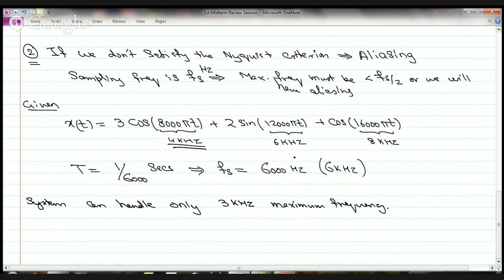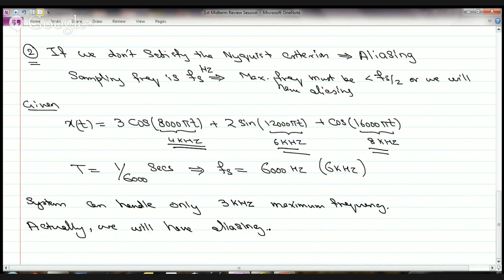But all of my frequencies are above 3 kilohertz. So this means I actually belong to the aliasing case. Okay.